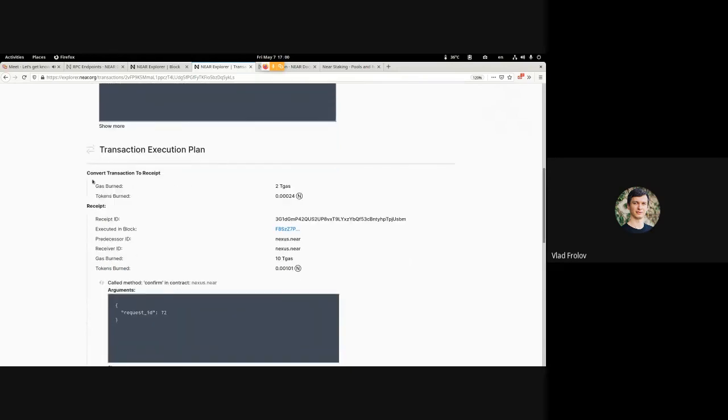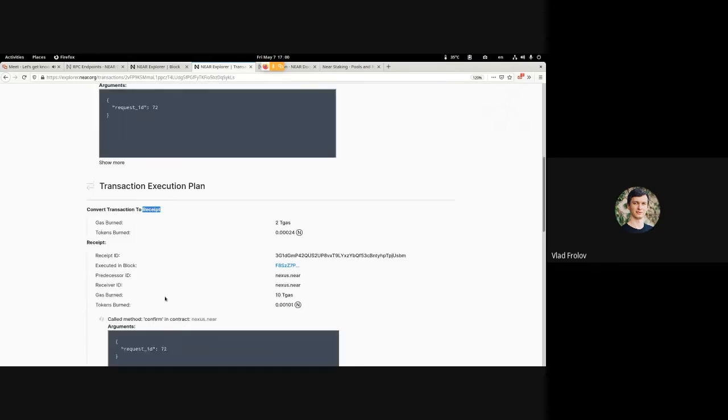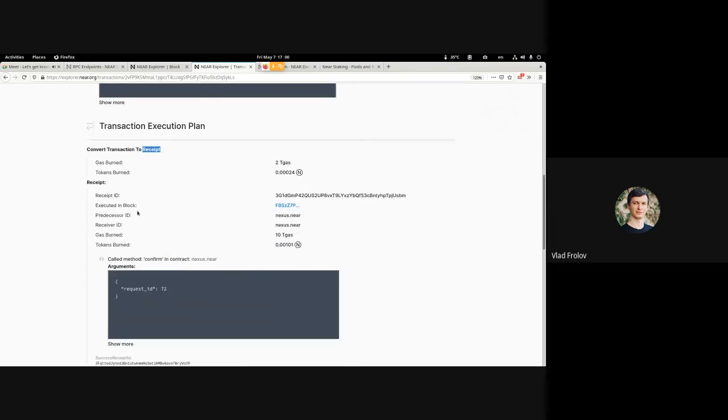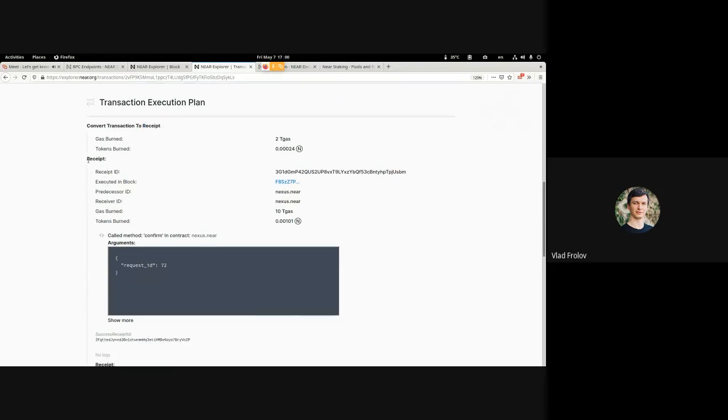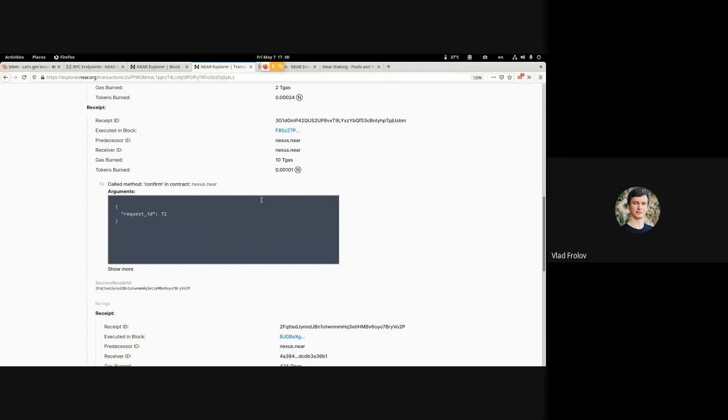And then what happens? We convert this transaction into a receipt, and then execution begins. Validators will run this receipt, which is essentially a copy of the transaction, but signed by the validator.